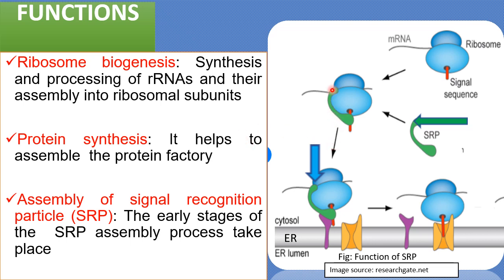These green regions are the signal recognition particles, and they bring the ribosomal subunit into the endoplasmic reticulum. The early steps of assembly of this signal recognition particle take place within the nucleolus.